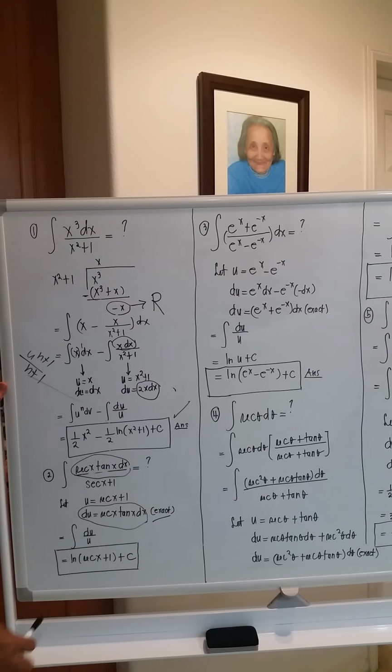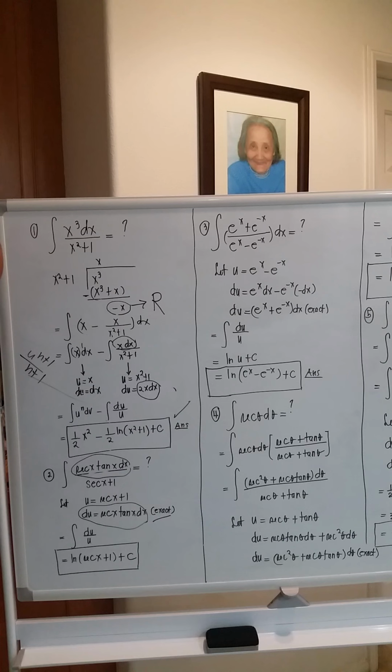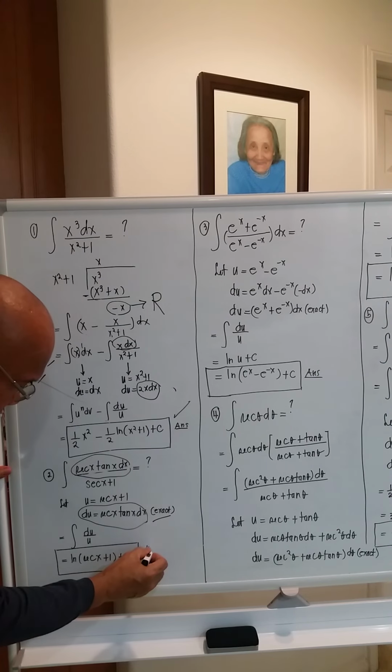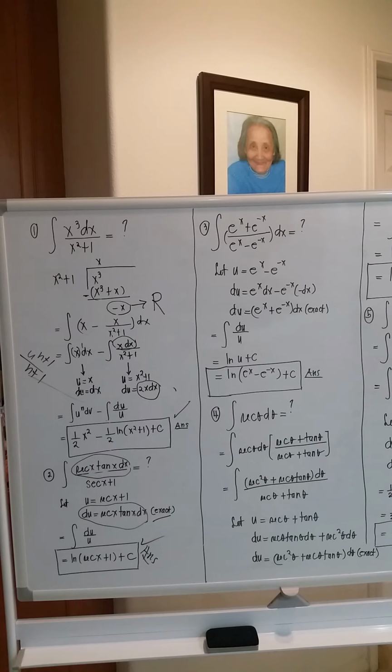But what is u? The final answer is the natural logarithm of the quantity secant of x plus 1, plus c. That's the final answer. Simple. If you know your differential, there's no problem. Okay, that's the final answer for problem number 2.